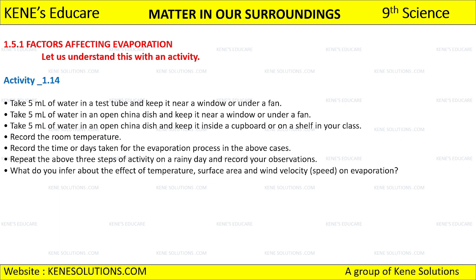Then take 5 ml of water in an open china dish and keep it near a window or under a fan. Take 5 ml of water in an open china dish and keep it inside a cupboard or on a shelf in your class. Then you need to record the room temperature.